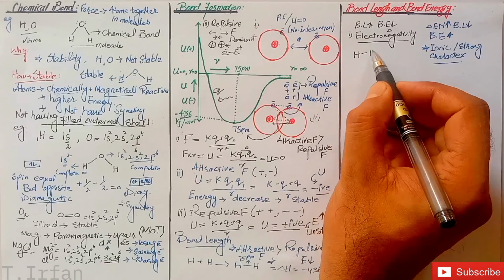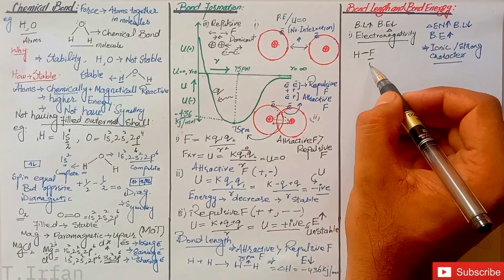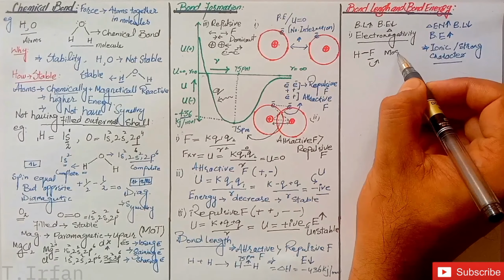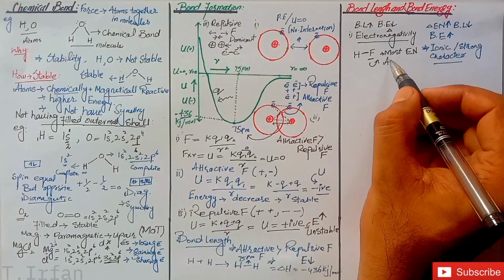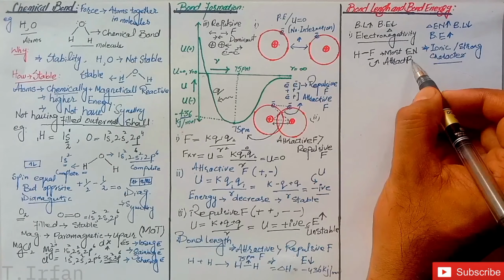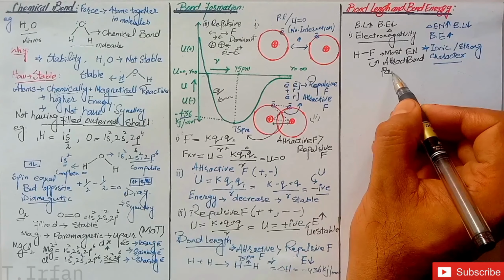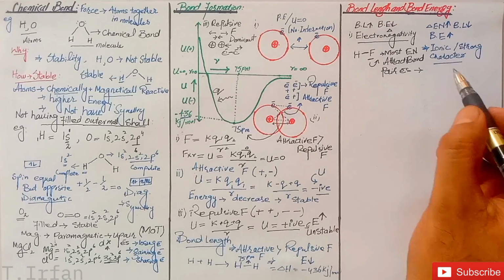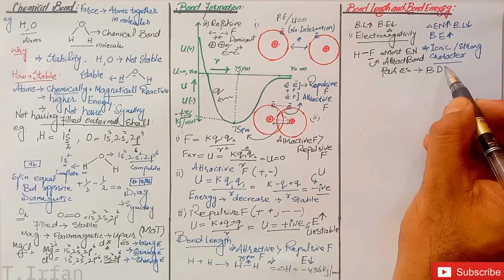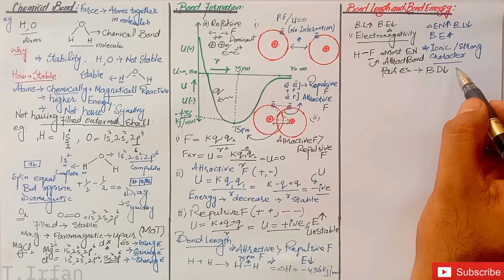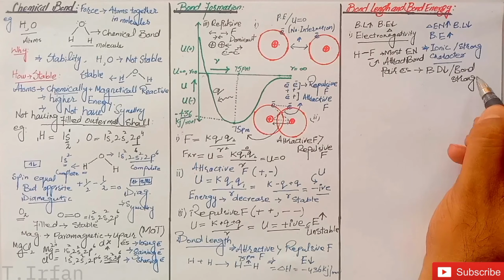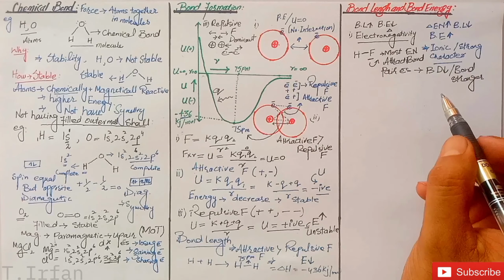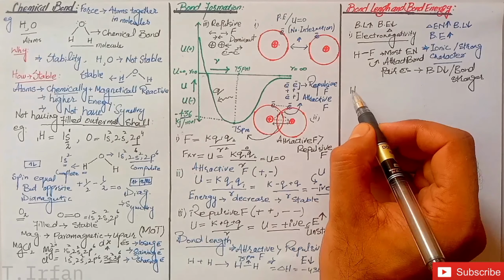For example, hydrogen fluoride has the strongest bond among the halogen acids. This is because fluorine is the most electronegative atom and attracts the bond pair electrons strongly. In this way, bond distance decreases and the bond energy increases, or the bond becomes stronger. And when we discuss the hydrides of other halogens, as we move from top to bottom, the electronegativity difference decreases.